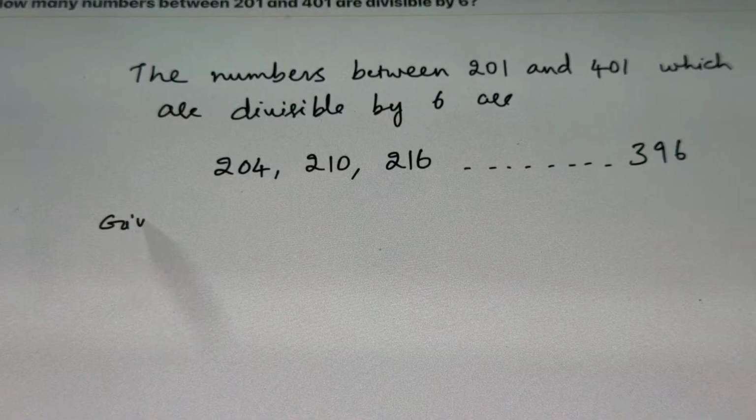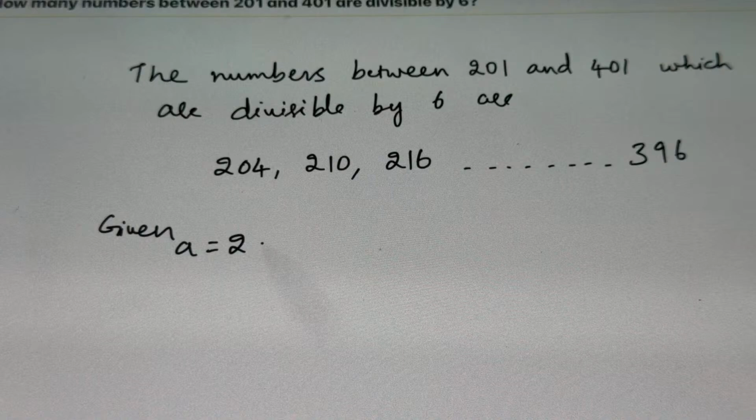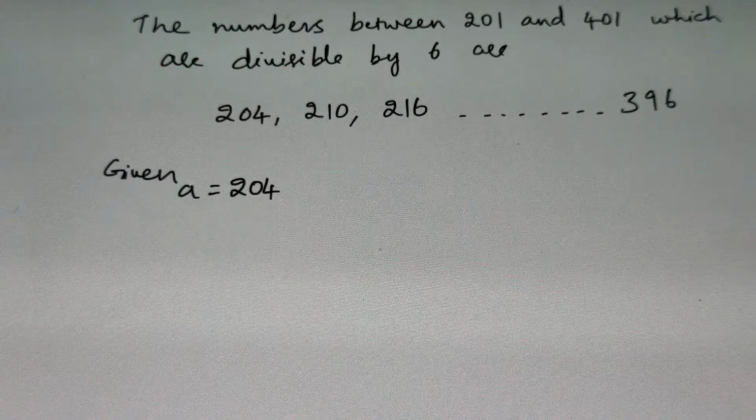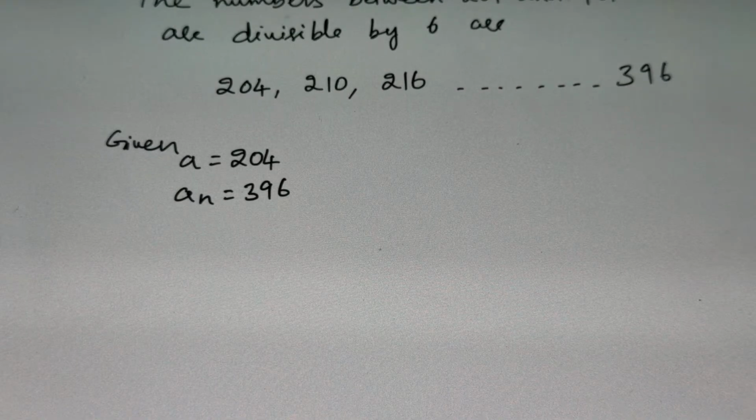So first we have to write the given values. The given values we have: a is equal to, first term you have to write 204. Next you have to write the nth term, that is an equals 396. Now we need to find the common difference. We know that it is found out by a2 minus a1.